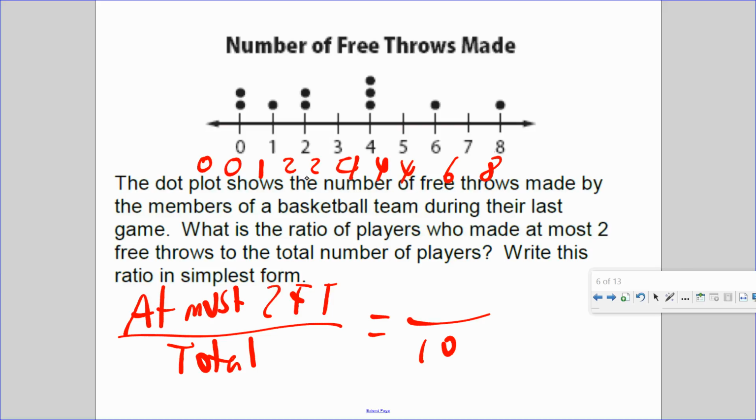So it's 1, 2, 3, 4, 5 people out of 10, which simplifies to 1/2. So it's at most. So half of the players made at most 2 free throws.